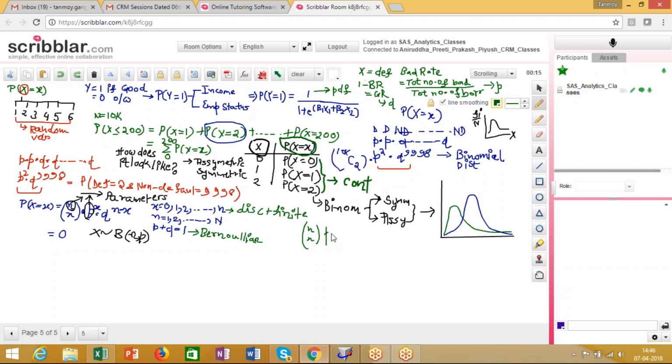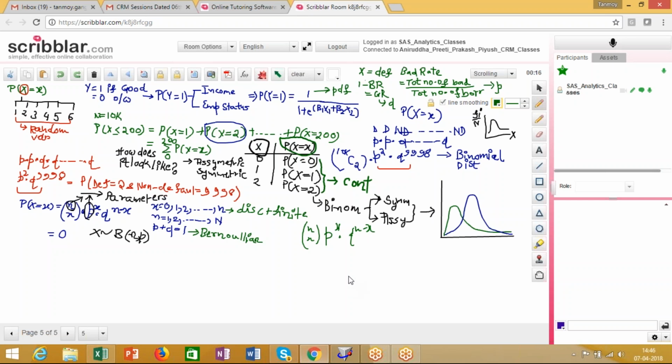It says nCx, p to the power of x into q to the power of n minus x.